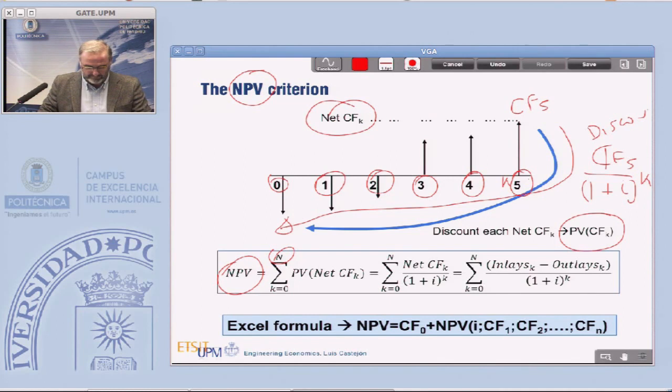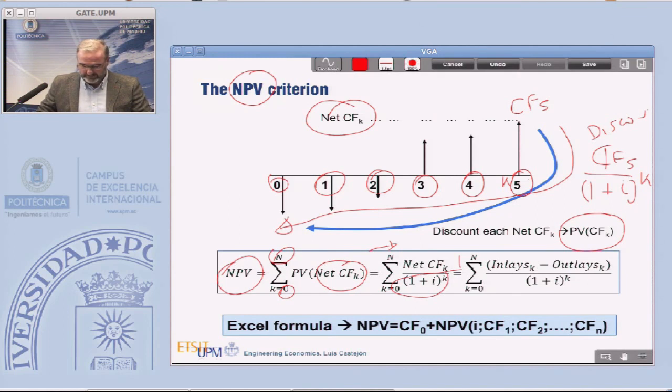We see here the sum from 0 to n, the service life of the project, of the present value of every year's net cash flow. So we develop this formula, dividing every net cash flow by the discount factor, or multiplying by the discount factor, which is this one.